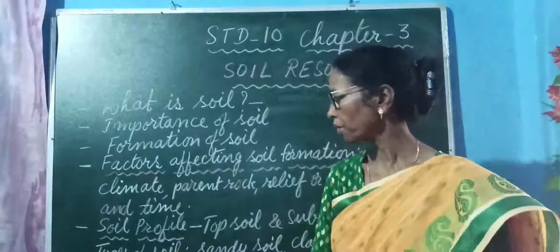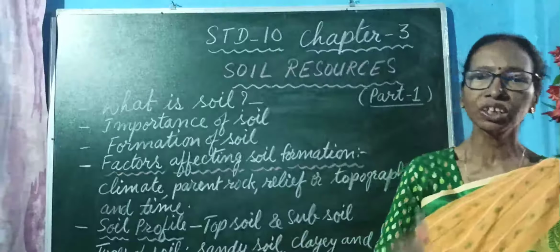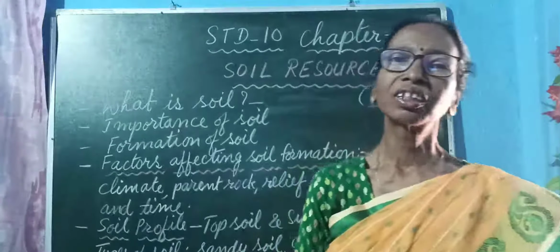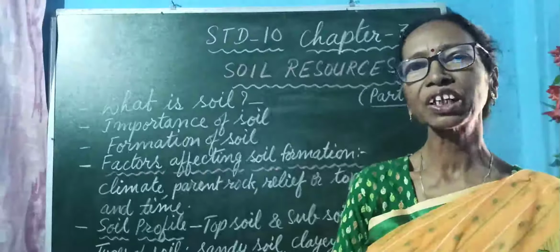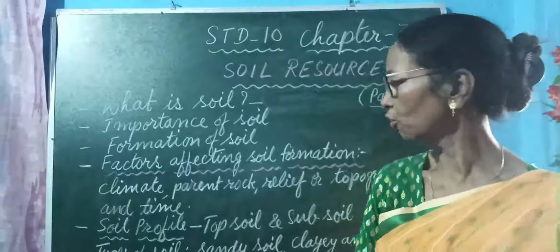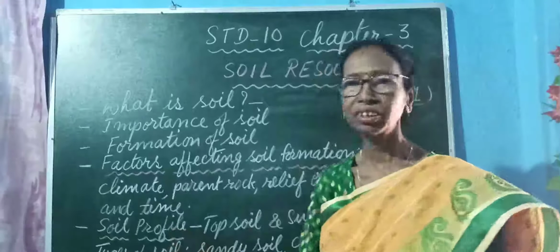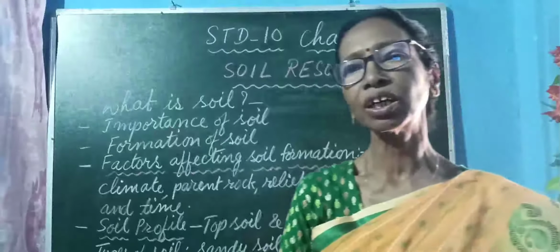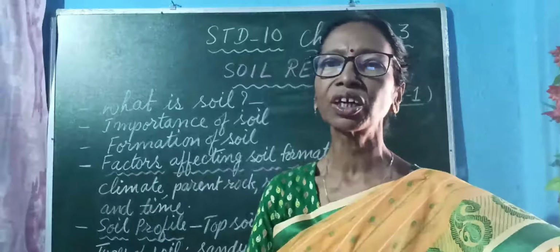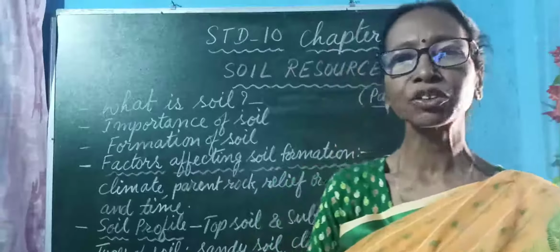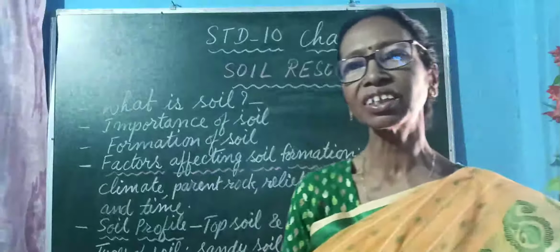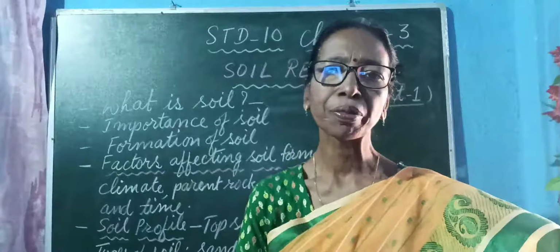If we see the soil vertically, it is found in different layers. The view of the different layers of the soil is known as soil profile. There are two main layers of the soil, which are the parts of the soil profile. First is the topsoil and second is the subsoil.